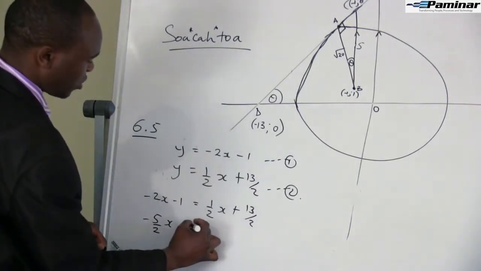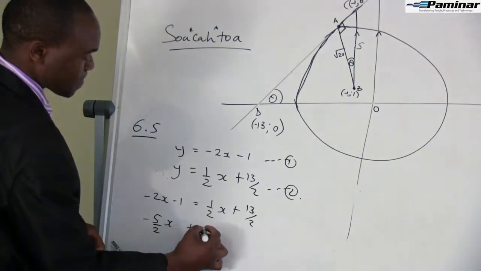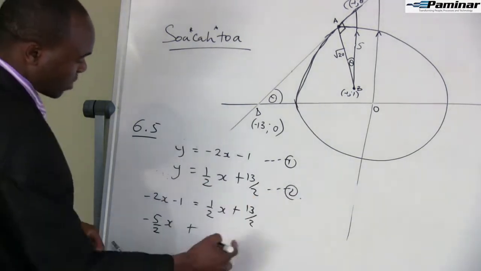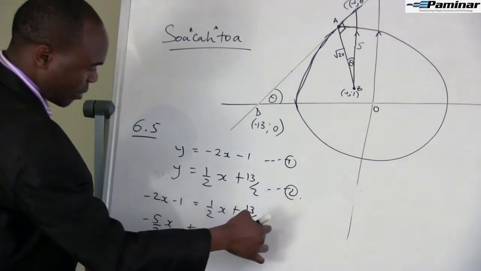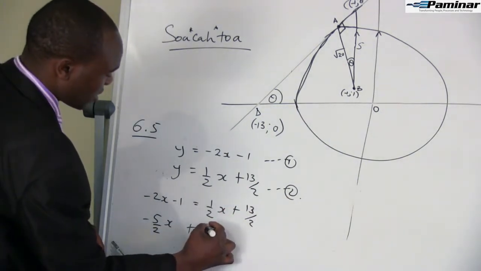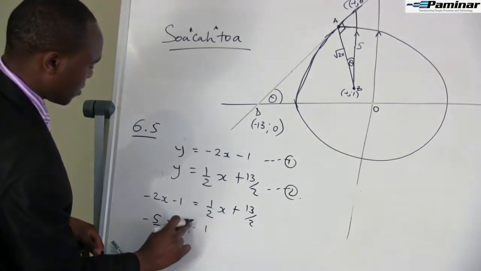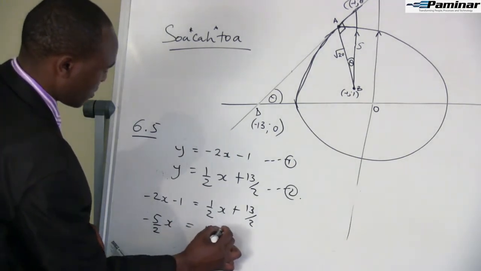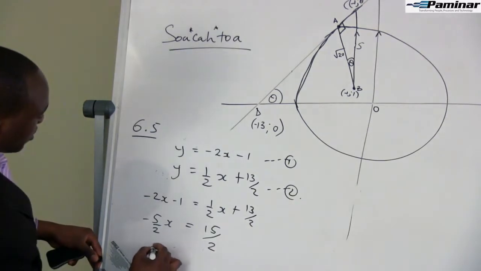Then we check the 1 there. It's going to be plus there. So 13/2 plus 1. What is going to be the answer? 15/2. So what is going to be your x value?